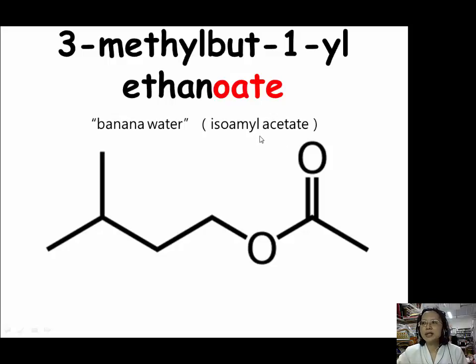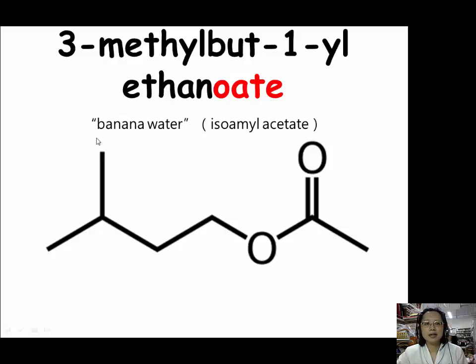It is an organic compound that is the ester formed from isoamyl alcohol and acetic acid. It is a colorless liquid and only slightly soluble in water, but very soluble in most organic solvents. It has a strong odor which is described as similar to both banana and pear.